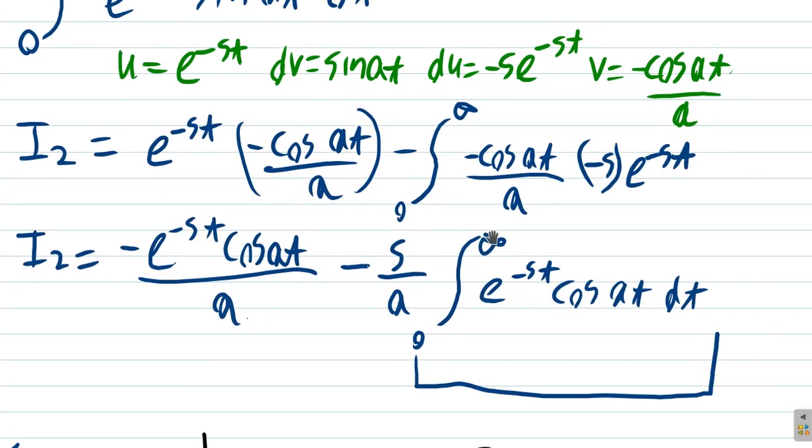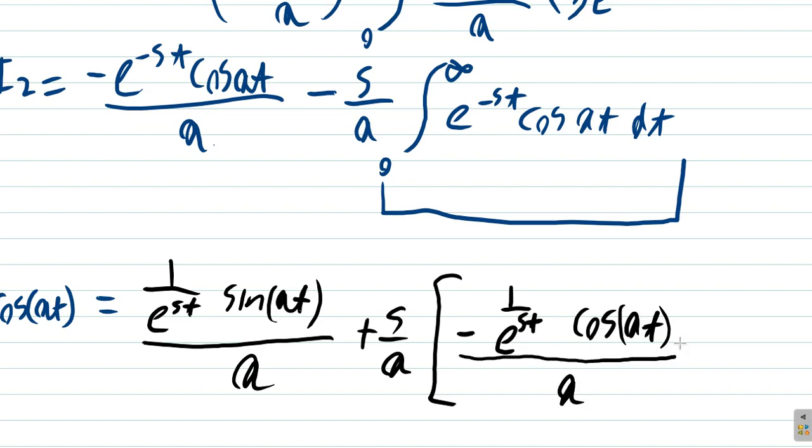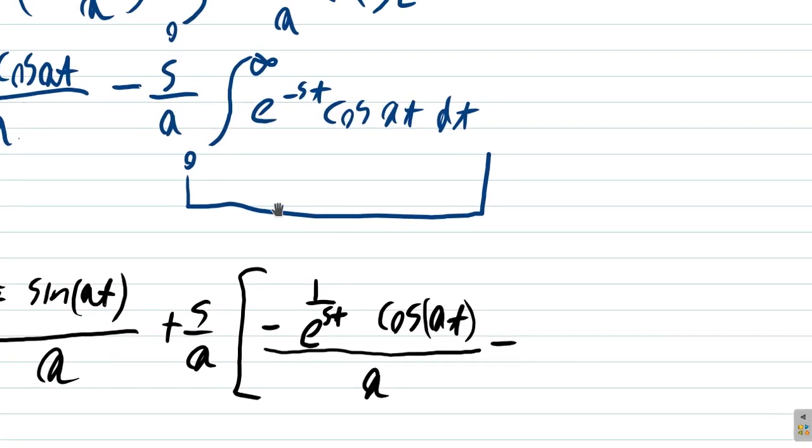This part is what we call I2. Now, this is all of I2, so let's put it there. Negative e to the negative st is the same as 1 over e to the positive st, and that multiplies cos at, all of that is over a, minus, then we have an s over a.